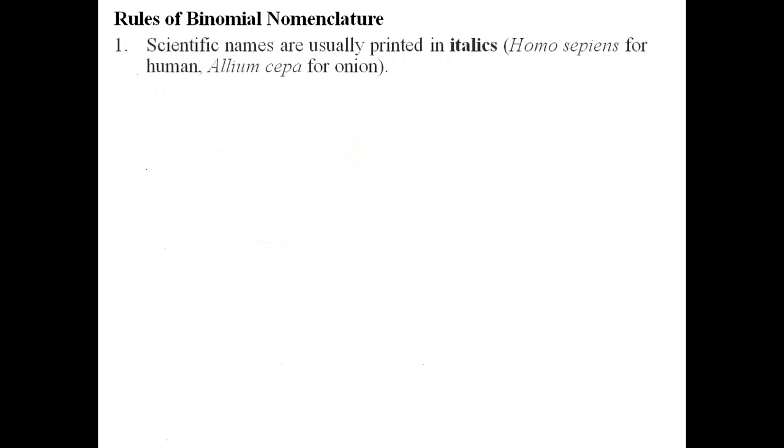What are the rules of binomial nomenclature? The first rule is that all scientific names are usually printed in italics. Whenever we write on a computer or in any software, we use italic font for botanical or scientific names.